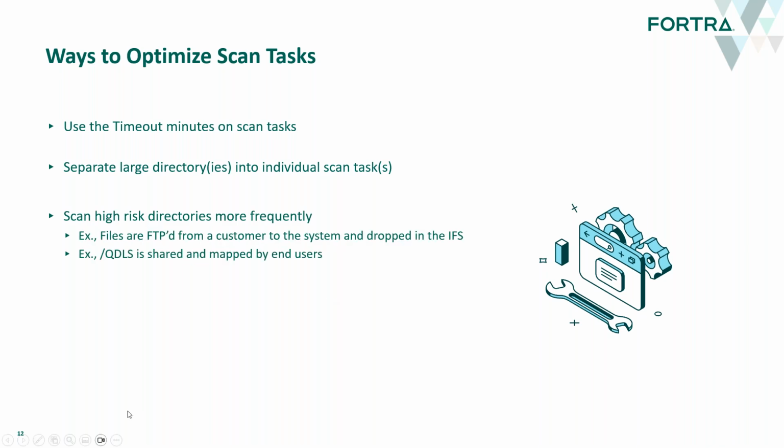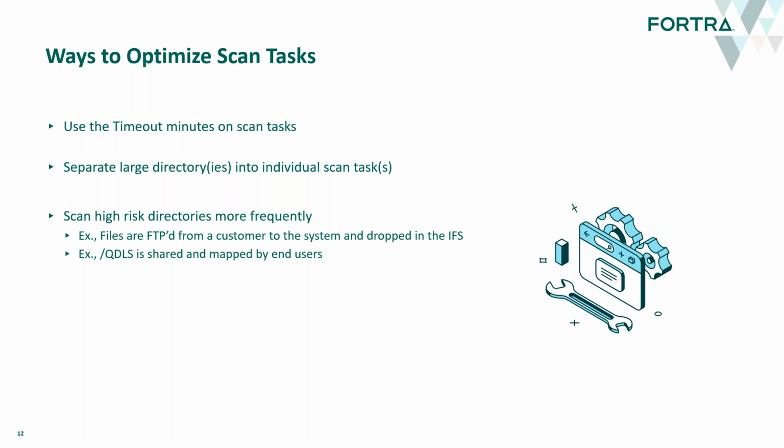You can also scan high-risk directories more frequently. If you have files that are being sent from a customer or a vendor or from another IBM i system, whatever you guys might be doing, and it's being placed in the IFS, you want to make sure that you're looking at those files more frequently as they're delivered. So that's where you can add a different task to scan maybe nightly over specific directories that are higher risk.